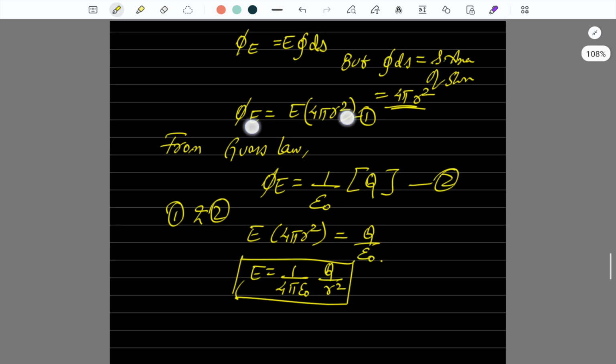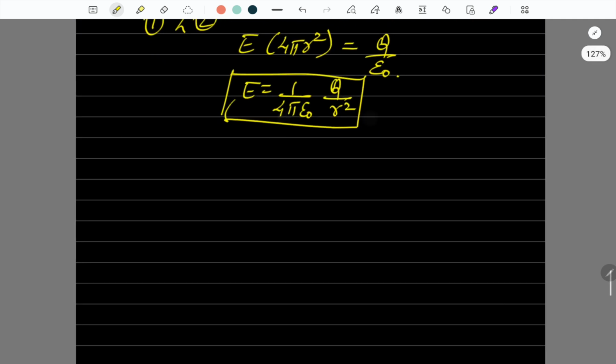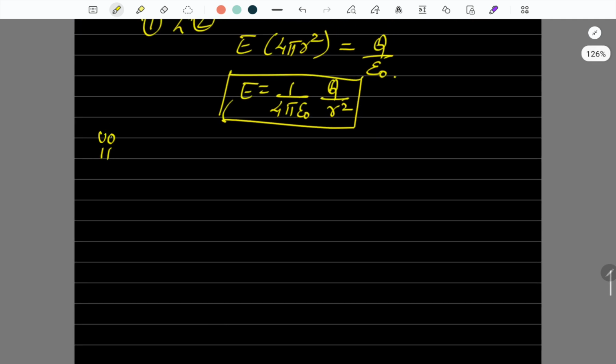What we did right now is for the point outside the shell. You can clearly see point P was taken outside the shell. Another two cases are there that can be used in MCQs also. In the second case, in the same sphere, we take the point on the surface.